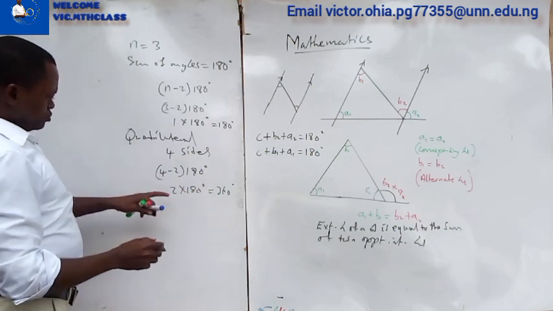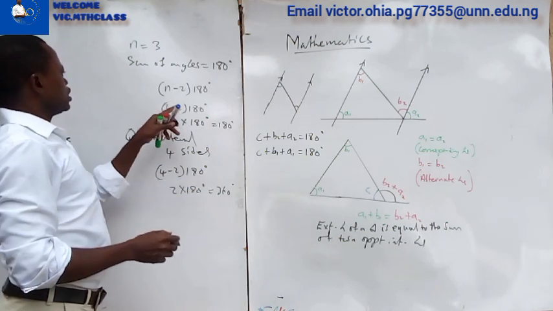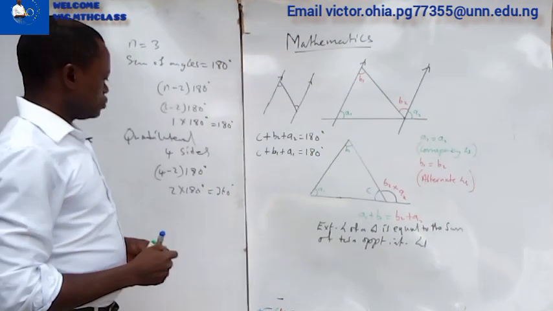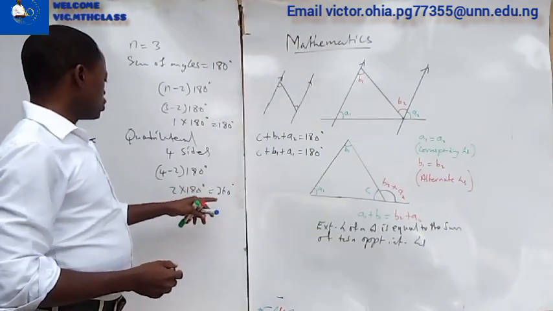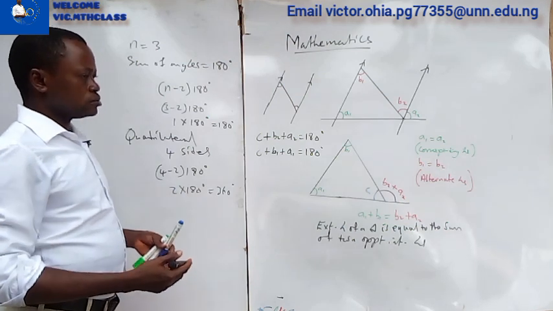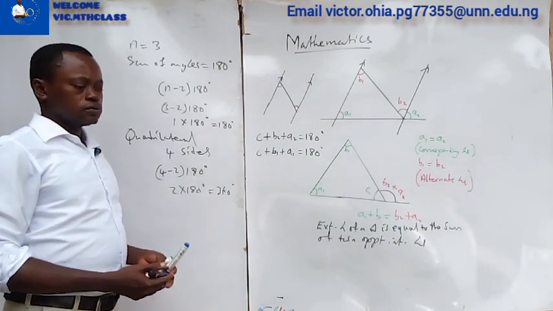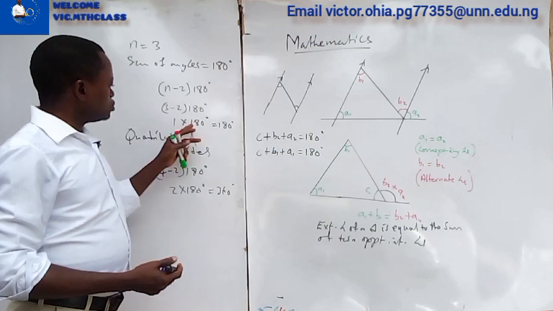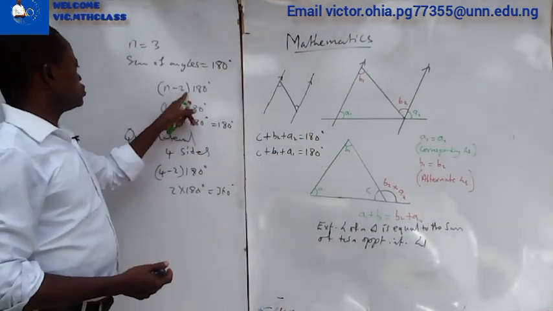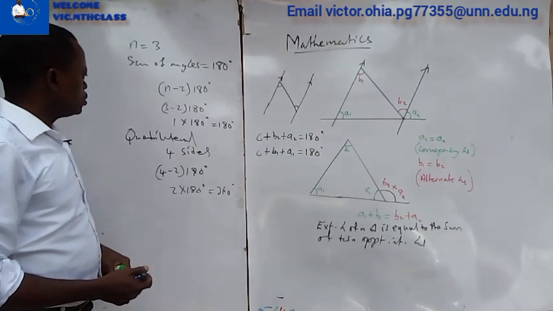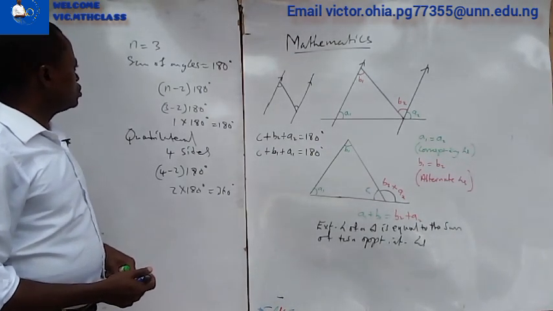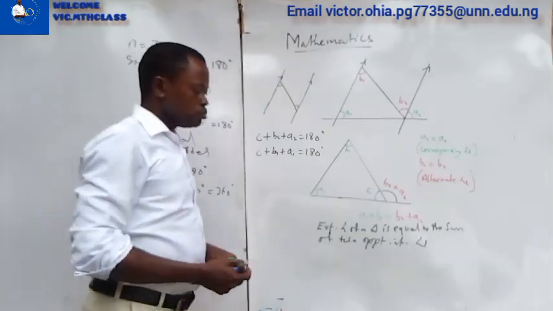And you realize that a quadrilateral contains exactly two triangles. Okay, so the sum of angles in a quadrilateral is 360 degrees. And if you also go down and look at the sum of angles in a pentagon, which has 5 sides, you still get the sum. So in general, we use this expression (n minus 2) into 180 degrees to obtain the sum of interior angles of a regular polygon.